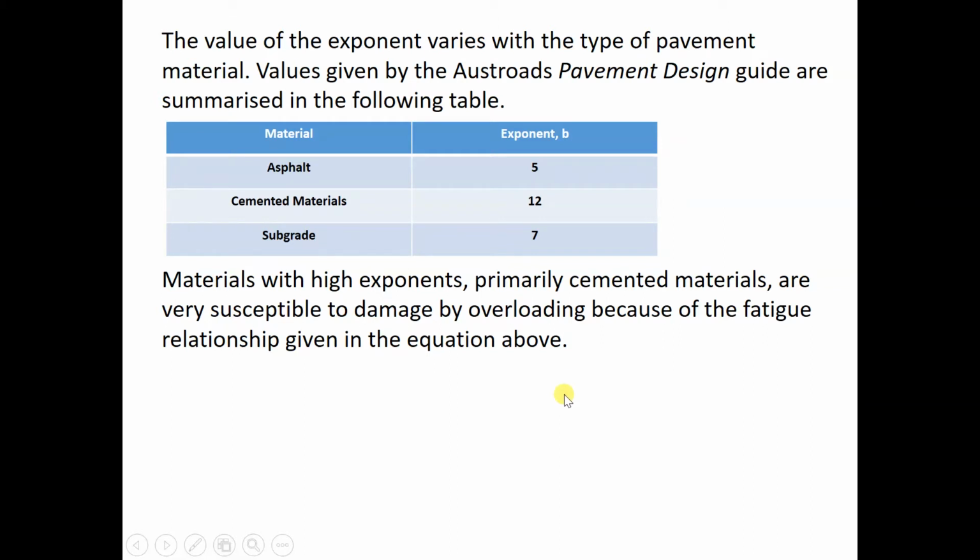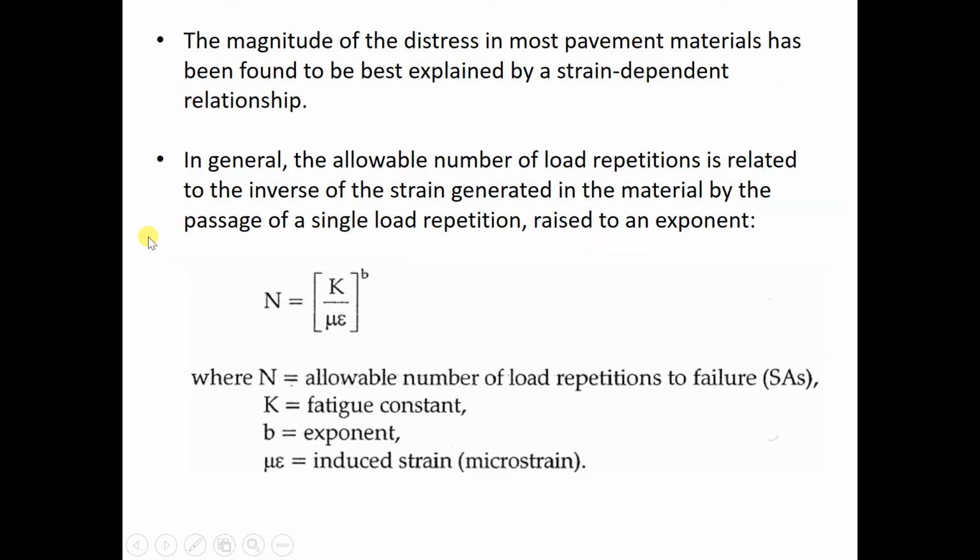So even when the cemented material is cracked, it doesn't mean that the pavement has failed already, but the allowable N has been reduced. It still provides resistance to the traffic loading, but it has been reduced because of the crack.